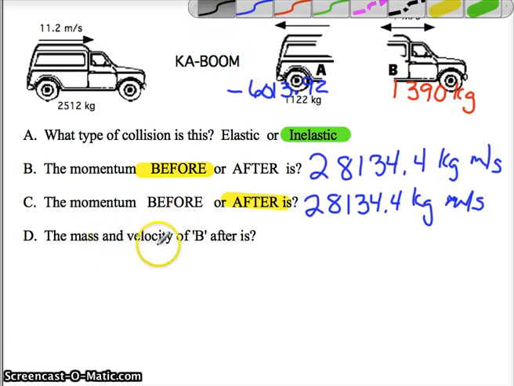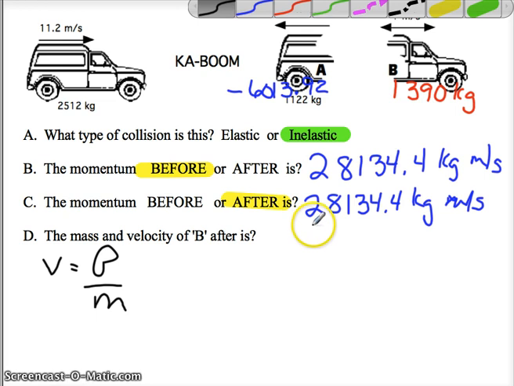Now we need to look at the velocity. Well, velocity, remember, is momentum divided by mass. But the momentum we need is not the total momentum, it's just the momentum of the B section of the car. This 6,000 number is the momentum of the A car, and notice it is negative. The momentum of the B car can be found by taking 28,134.4 and adding 6,013.92.